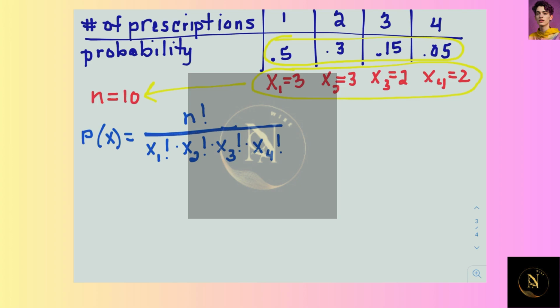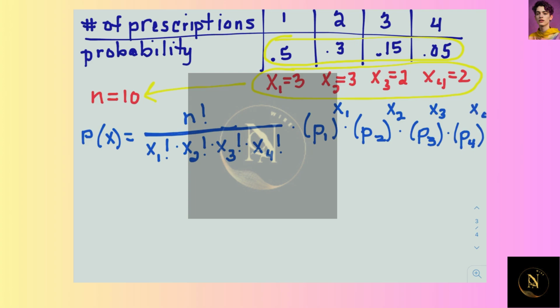And then that fraction is going to be multiplied by the corresponding probabilities. So we're going to have P sub 1 raised to the X sub 1 power multiplied by P sub 2 raised to the X sub 2 power multiplied by P sub 3 raised to the X sub 3 power multiplied by P sub 4 raised to the X sub 4 power.